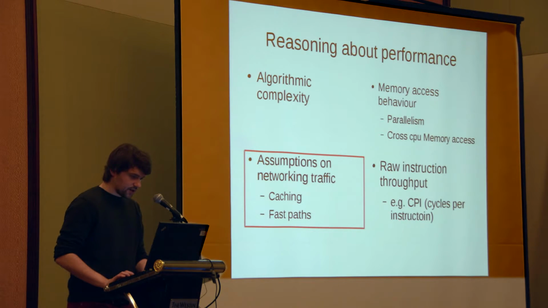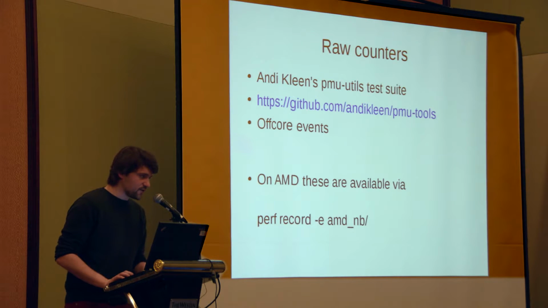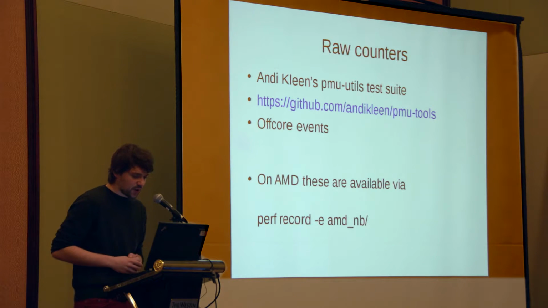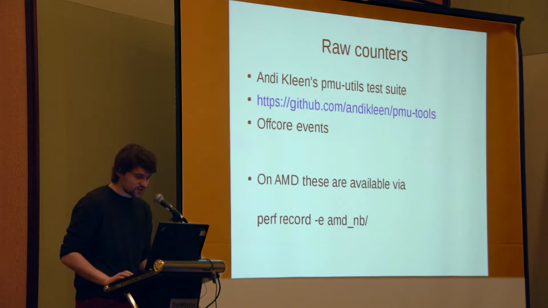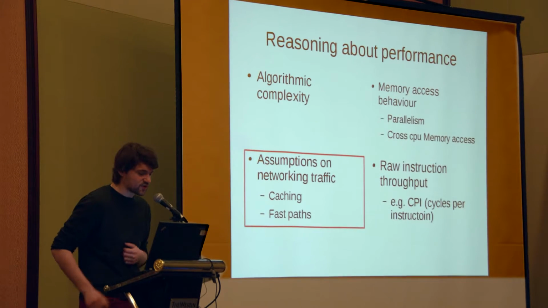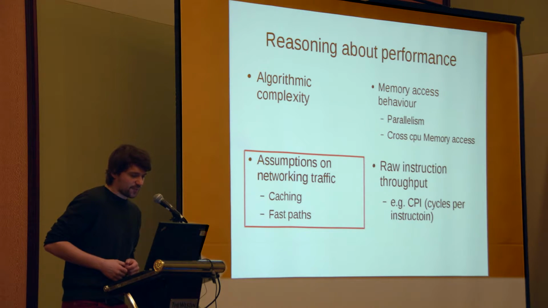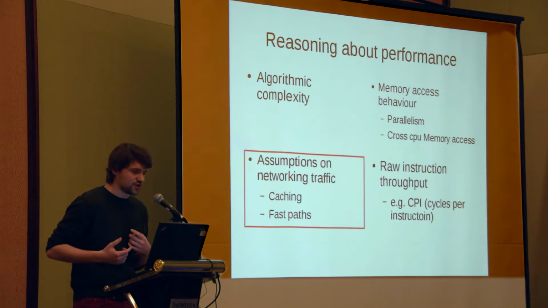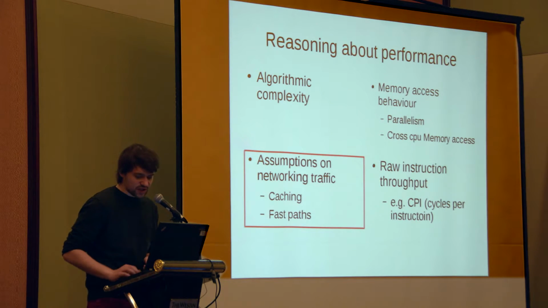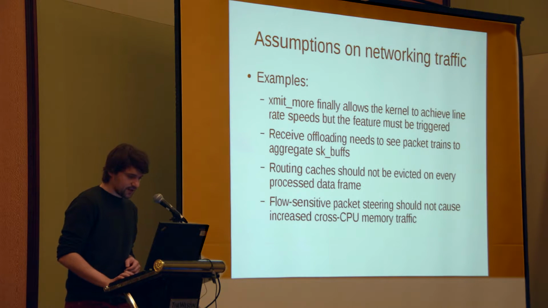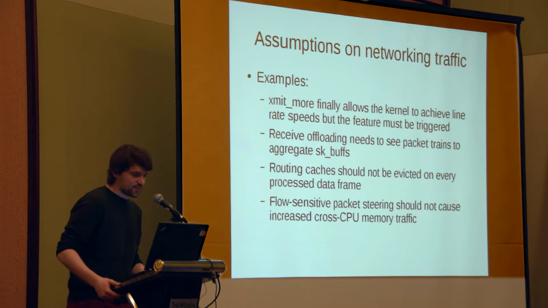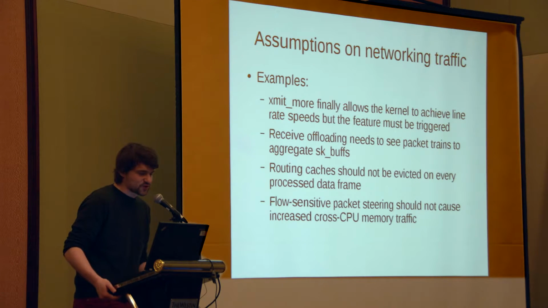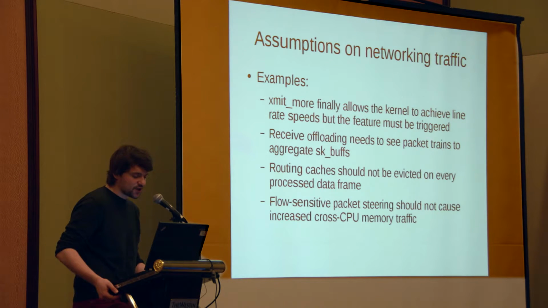Okay, we are now leaving this hardware-specific region a little bit and going into the assumptions on networking traffic, which deals a bit more with tracing and actually reasoning about logic in code. For example, we now have different assumptions where we can actually speed up network traffic in the kernel.